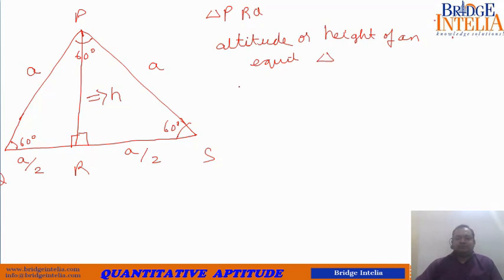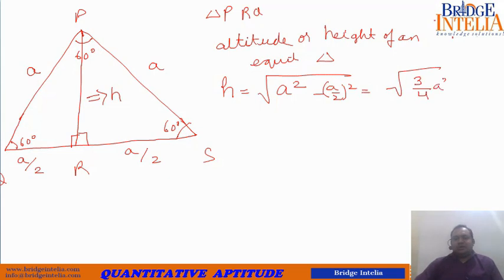In terms of A, the altitude or height h will be equal to under root of a square, because this side is a, minus a by 2 whole square. So this comes out to be under root of 3 by 4 a square. So this is a by 2 into root 3.